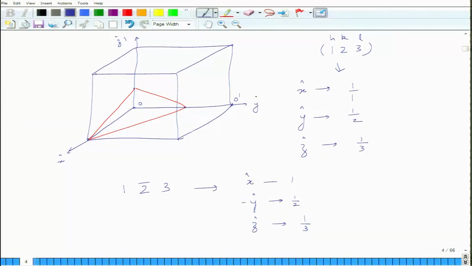So, I can now draw the intercepts. This is along the x axis, along the a length of the unit cell, which is 1. So, it is at a, this is at half, and this is at 1/3 somewhere here. If I now connect these 3 points, this is the 1 bar 2 3 plane.